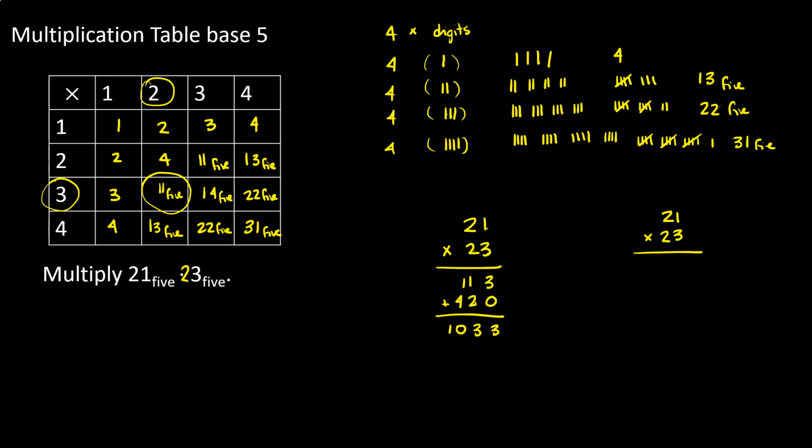If we do our expanded, we're doing 3 times 1, and then 3 times 2 groups, or sorry, 2 of the groups of 5. So that would look like 1, 1, 0. Then we do 2 in the groups of 5 place value. That looks like 2 groups of 5 times 1.